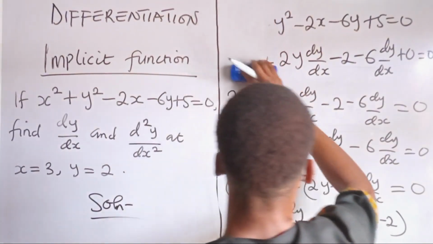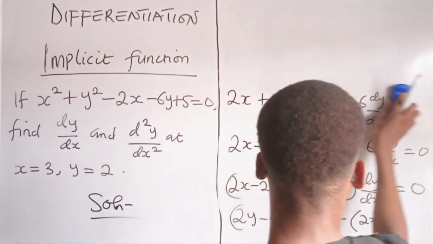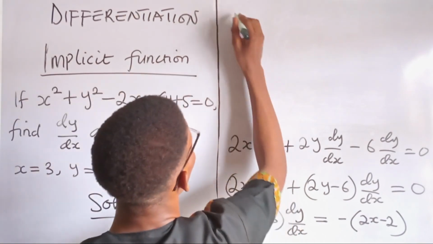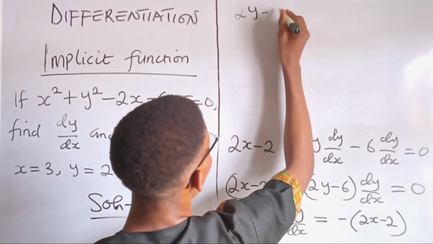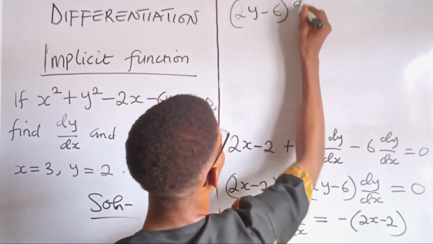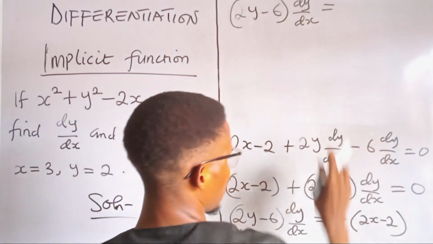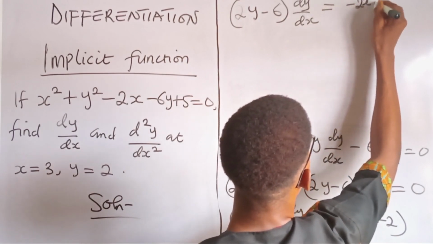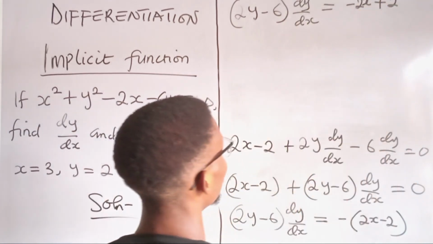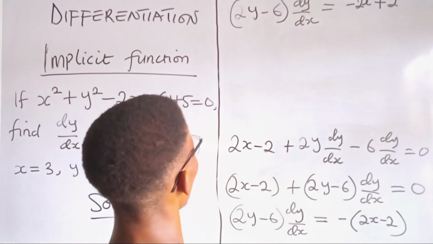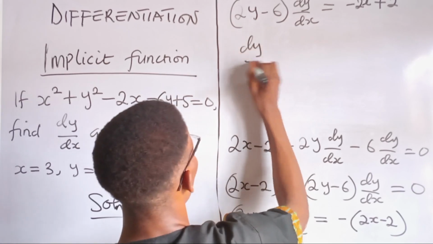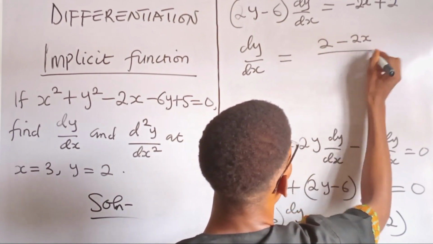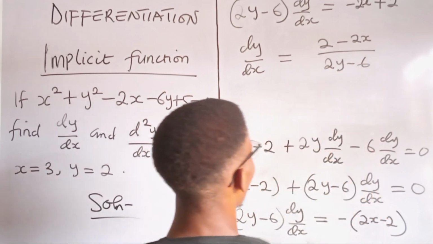So 2y minus 6 times dy over dx equals minus 2x plus 2. Now divide both sides by 2y minus 6, and dy over dx gives us 2 minus 2x all over 2y minus 6.